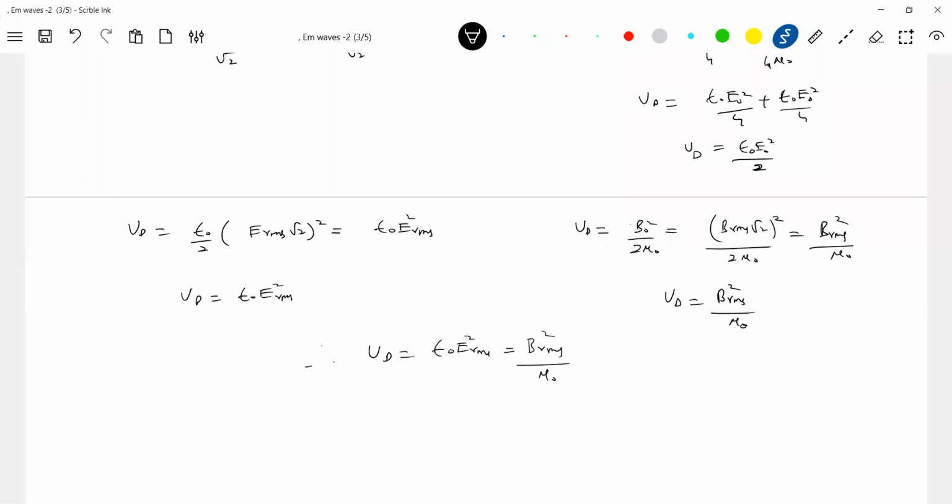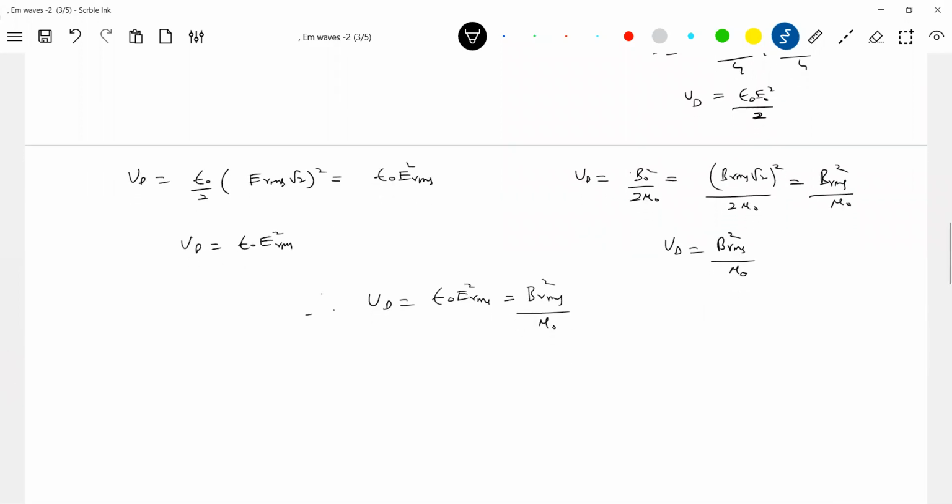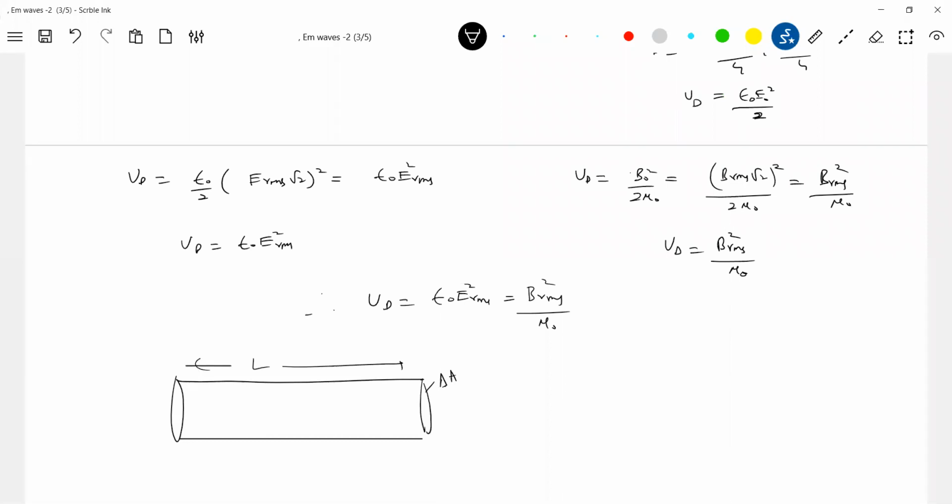How much energy is present in a given volume? Because I have to go for the intensity idea. So let this be ΔA, the area of cross section. Let this be length L. The wave will propagate in this direction.